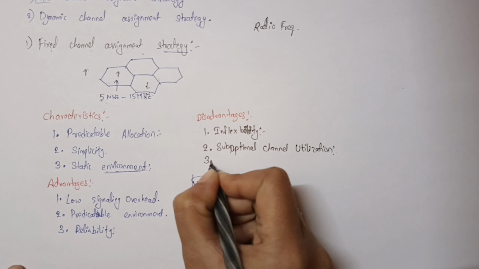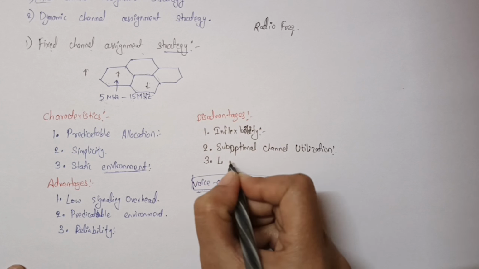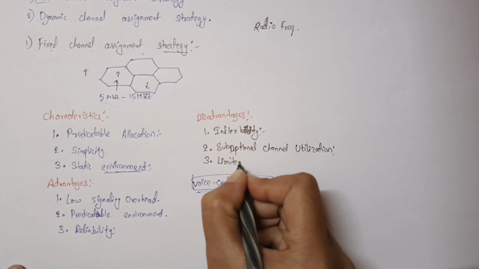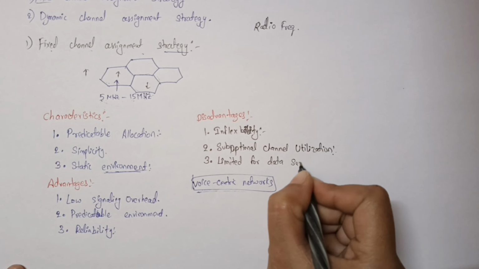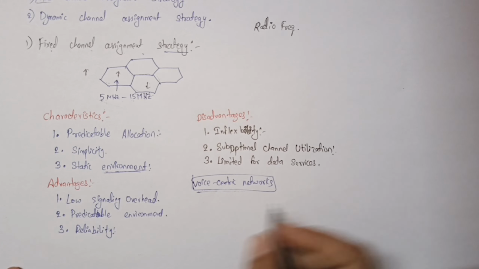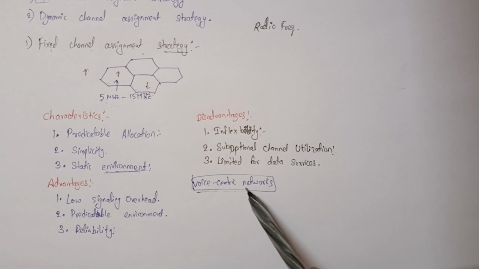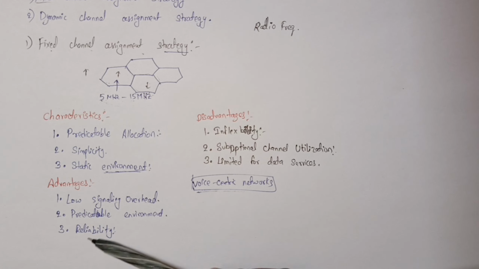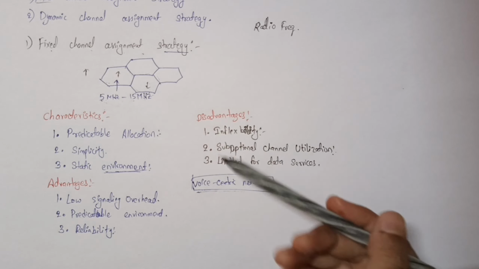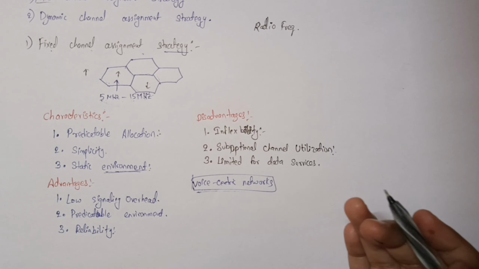Now let's see what is the third disadvantage. This is limited for data services. As we said over here, it is good for voice centric networks and reliable for voice services. So the disadvantage is that it is limited for data services. Why limited?